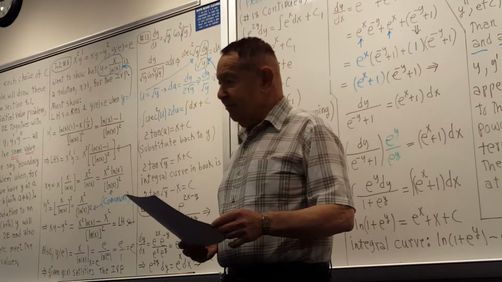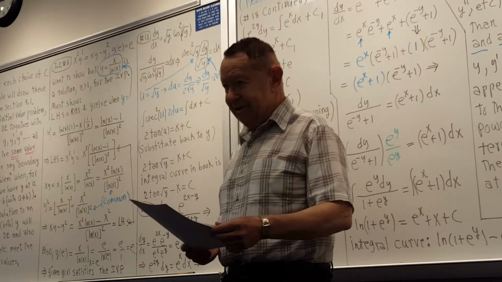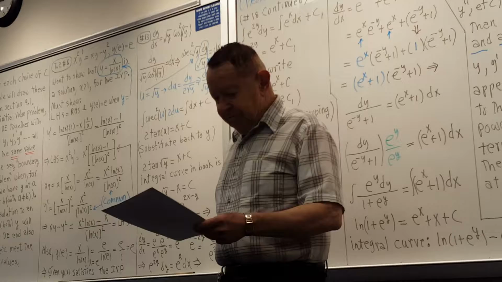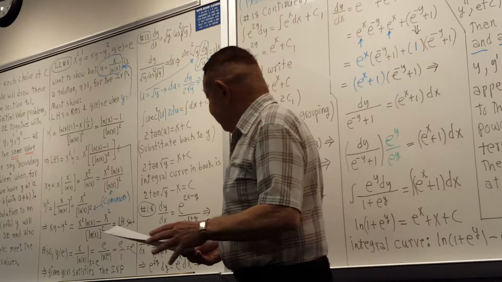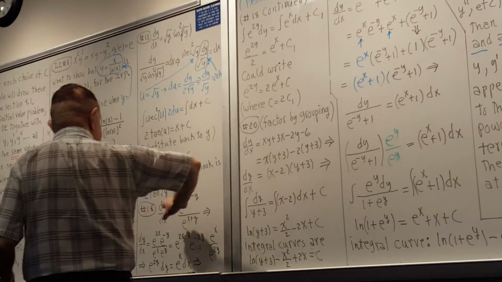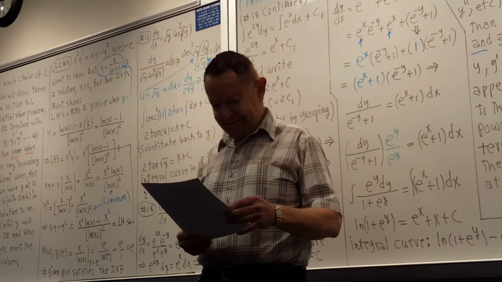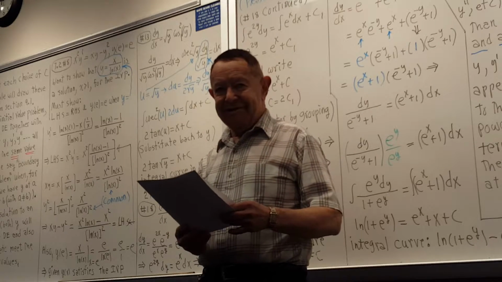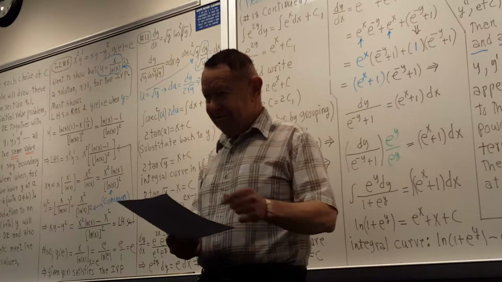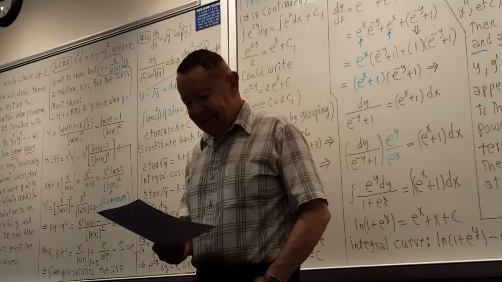I don't know exactly why Maple wants to write its constants that way instead of just simply the letter C, but that's what it does.